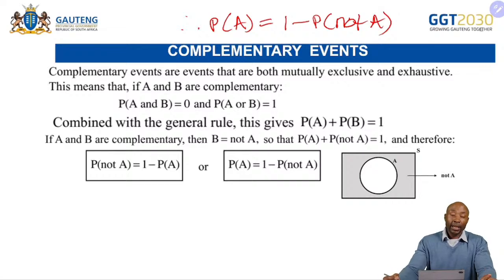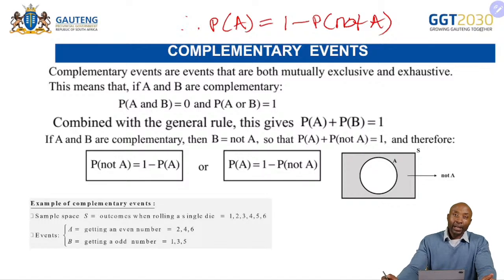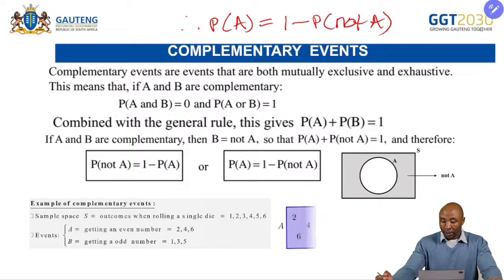And using a diagram, if you are given an event A, the shaded part is what we have as not A. And for our Venn diagrams, we can use probabilities or we can use the actual numbers of the outcomes that we are representing. Now, we are able to use the one where we said odd numbers and even numbers.